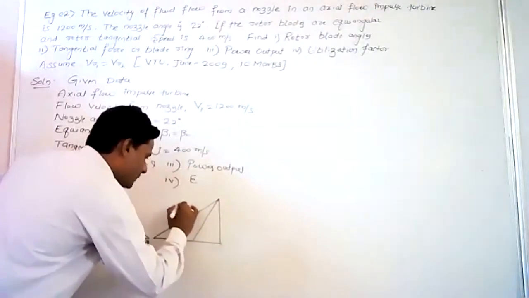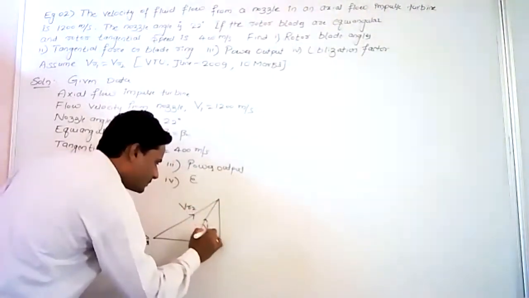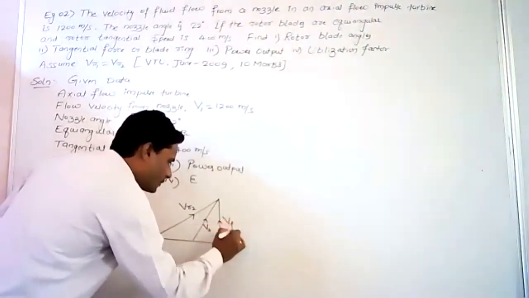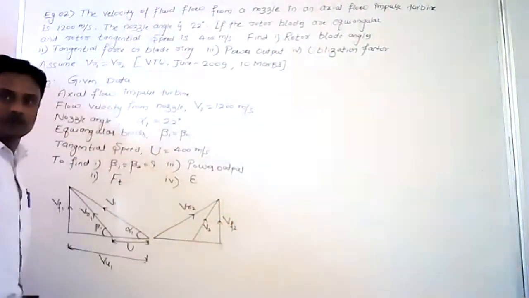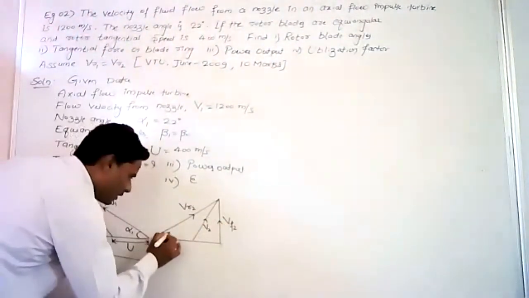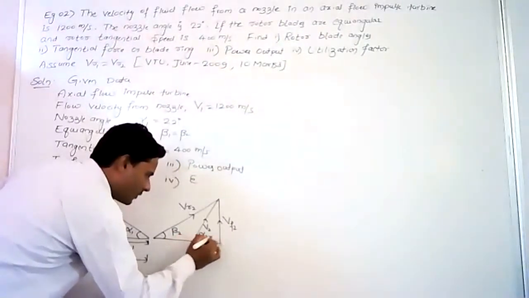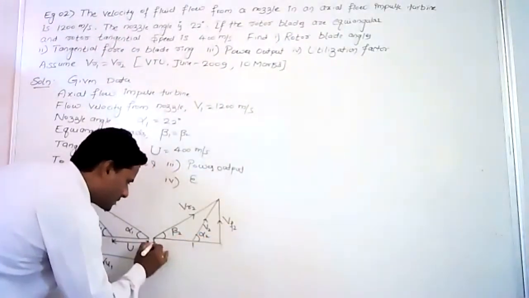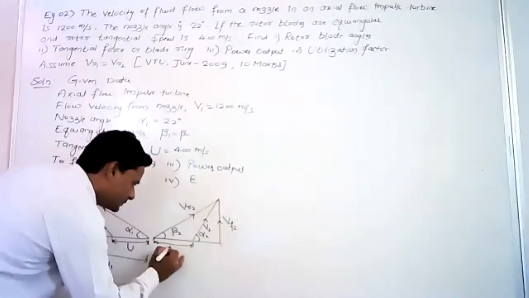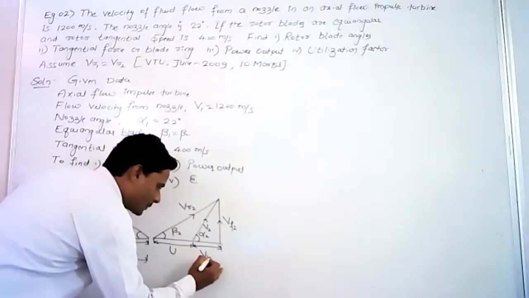In the outlet triangle the principal diagonal is VR2, this is V2, and this is VF2. The corresponding angles are for VR2, angle beta 2, and for V2, the angle alpha 2. This vector is U, and this vector is VU2.